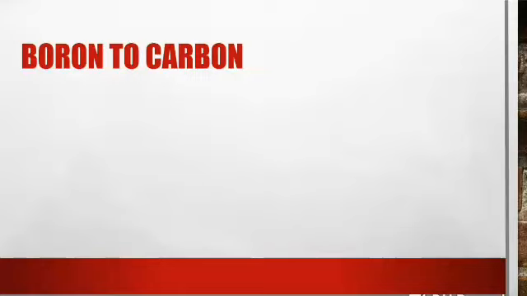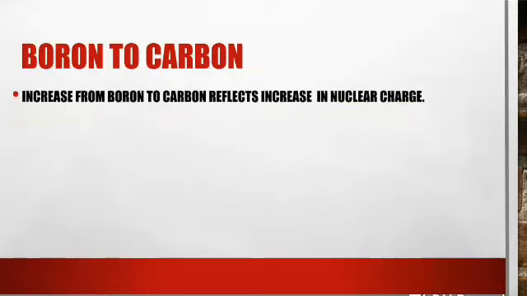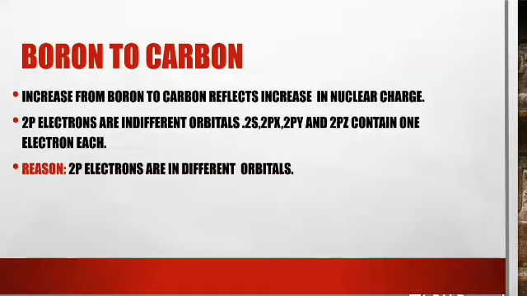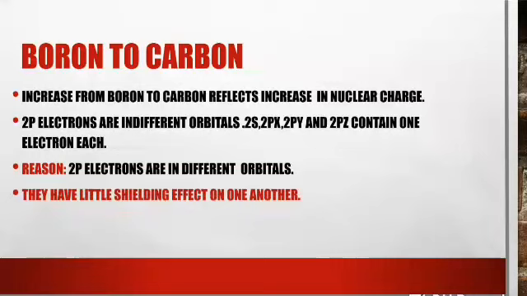The reason is the 2p electrons are in different orbitals, having little shielding effect on one another. So an increase in ionization energy occurs. A similar state arises from carbon to nitrogen.